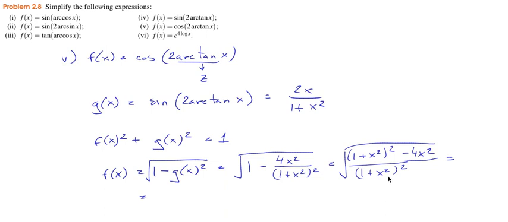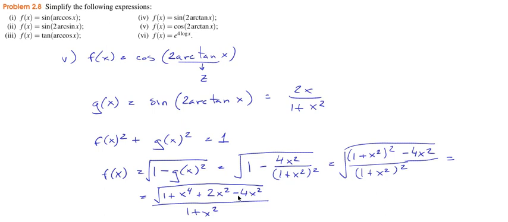The denominator, you can get rid of the root, so I am expanding the binomial: 1 plus x to the 4th plus 2x squared minus 4x squared, and then divided by 1 plus x squared.